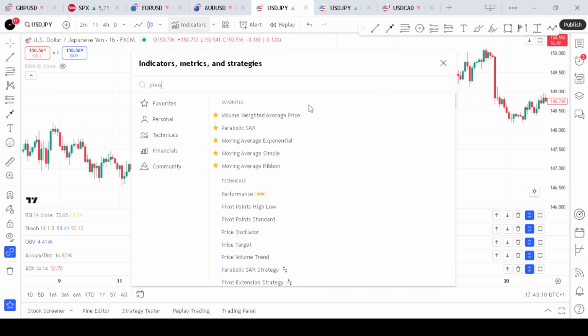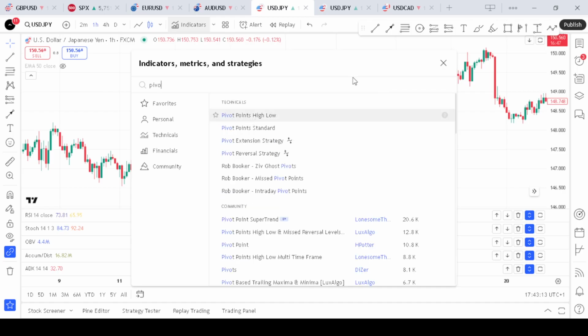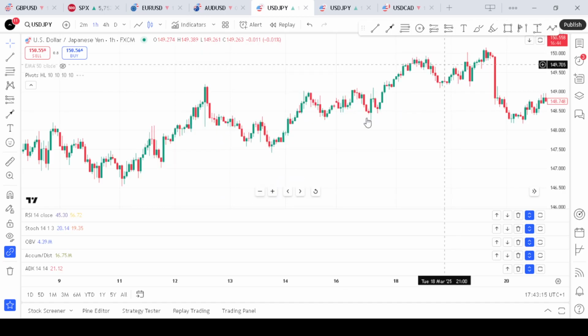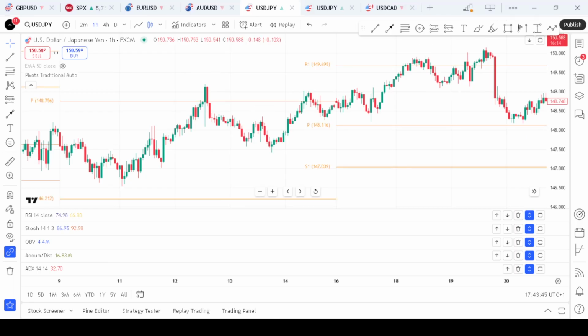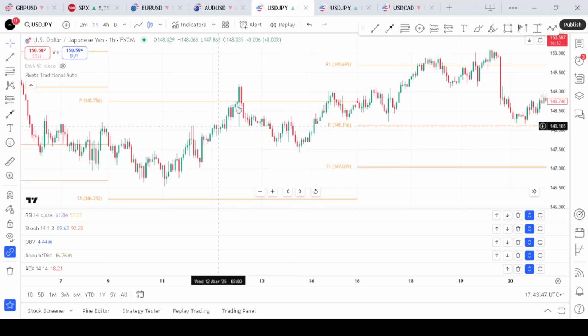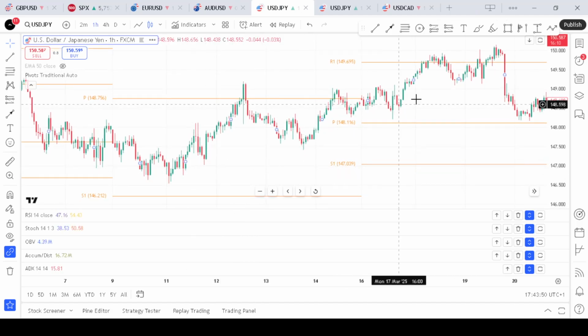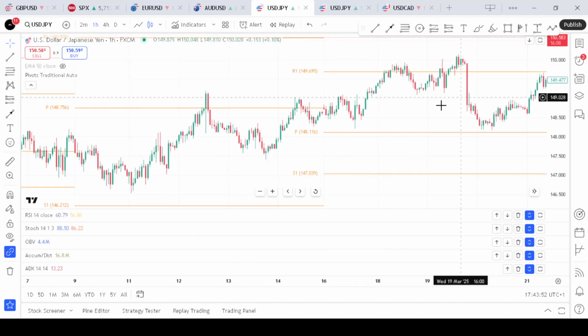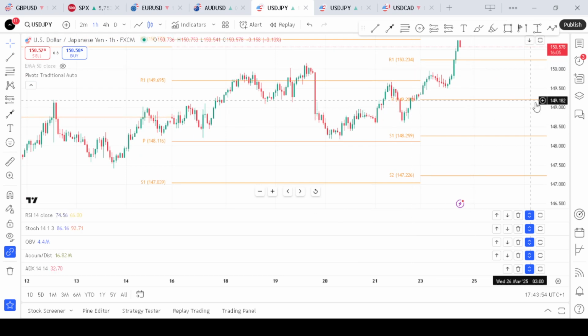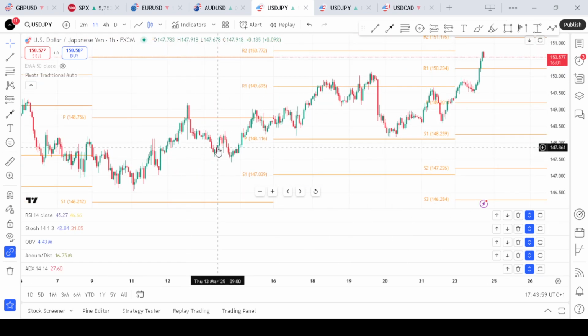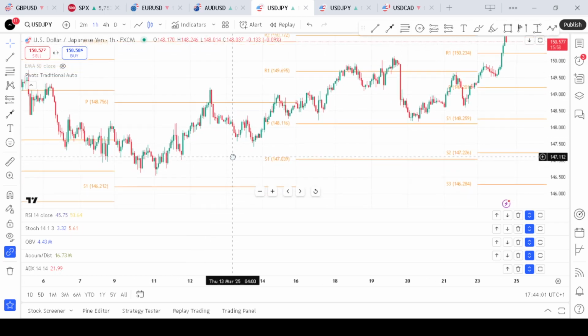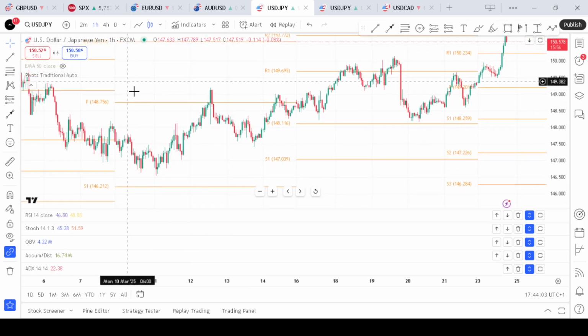These are the areas that we'll be looking at as key supply and demand regions in the market. So this is our area of potential reversal. These are our resistance points and our support areas that are being shown by our pivot points. So these are areas that we should watch out for potential price reversals.